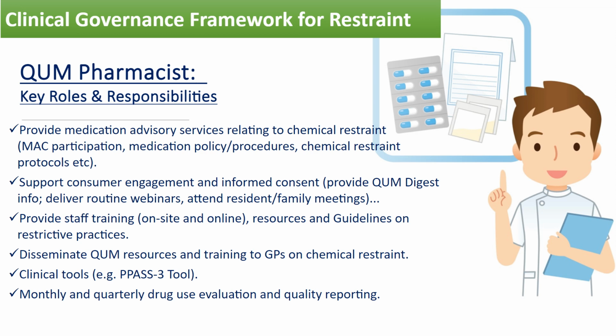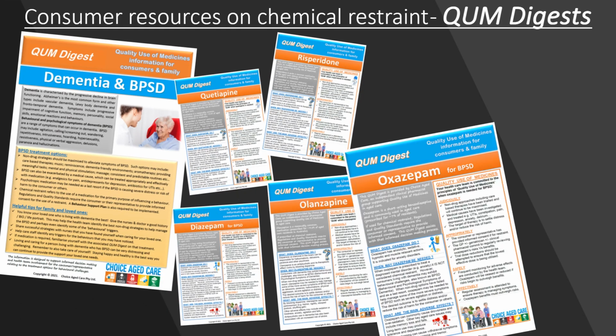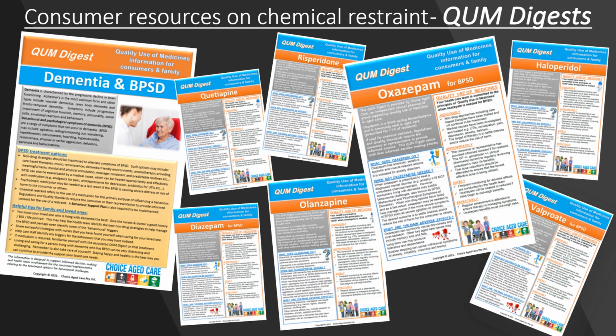There's a PPAS-3 tool, which I believe you've all been given access to. And they also produce monthly and quarterly drug use evaluation and quality reporting. So these are the QUM digests, so quality use of medicines.